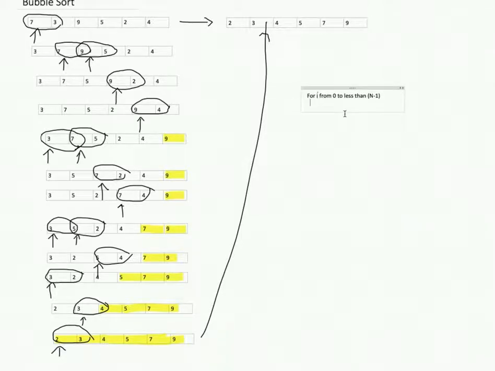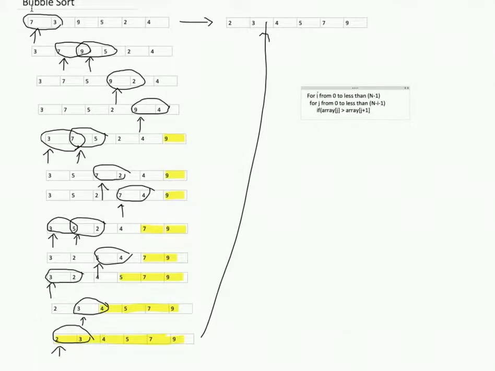Then I'm going to have another for loop for j from 0 to less than n minus i minus 1. And then we can compare. This is the comparison we did everywhere. So we can compare if array of j is greater than array of j plus 1.